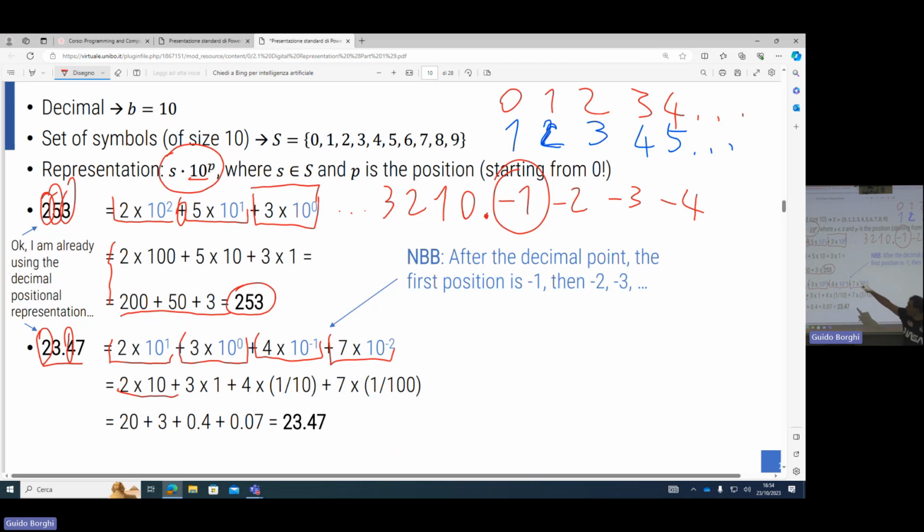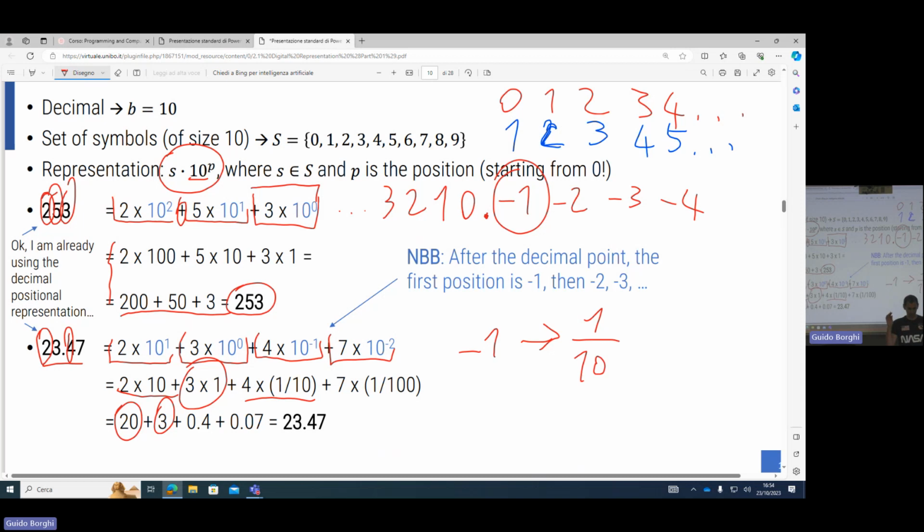We are going only to see the use of the decimal representation to express values in the decimal representation. In this case, we have 20, then here we have 3, and here, remember maybe from your high school, you can write -1: the power of -1 is 1/10.